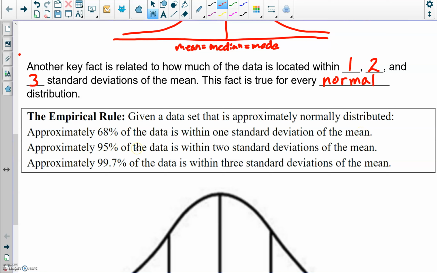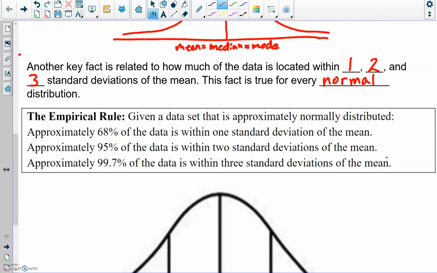Approximately 95% of the data is within 2 standard deviations of the mean. So you go out 2 standard deviations away from the mean, and you've captured most of the people, almost 5% short of being all of the people in your study or in your population. And then approximately 99.7% of the data is within 3 standard deviations of the mean.